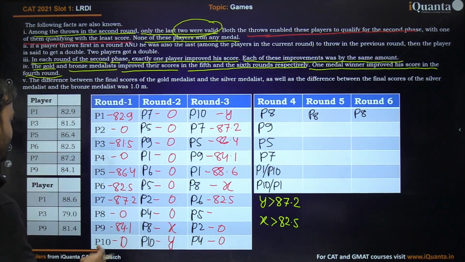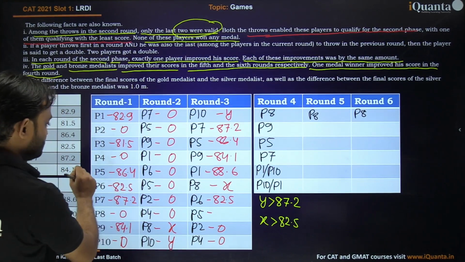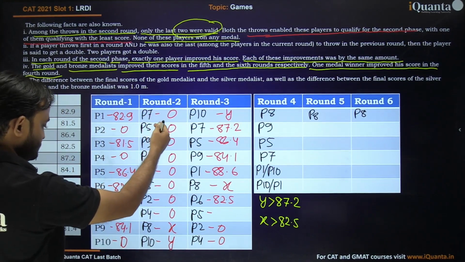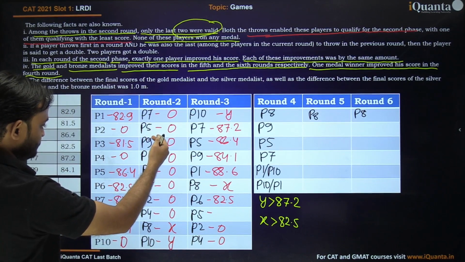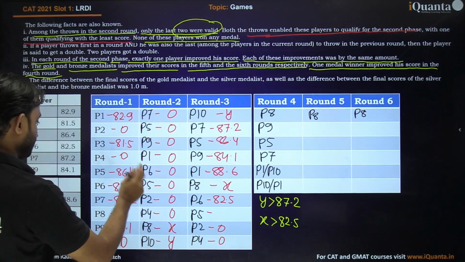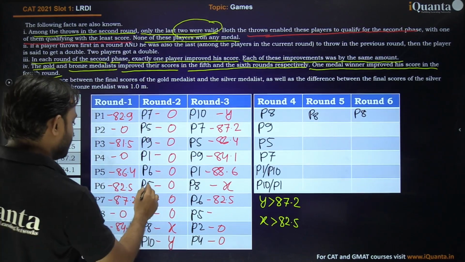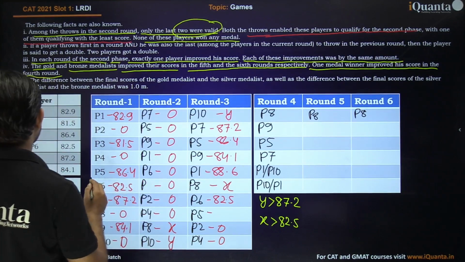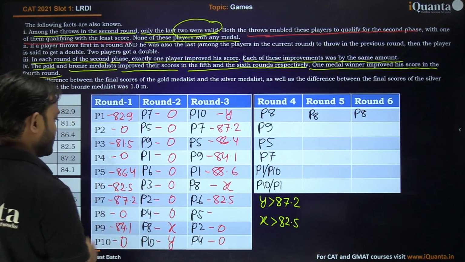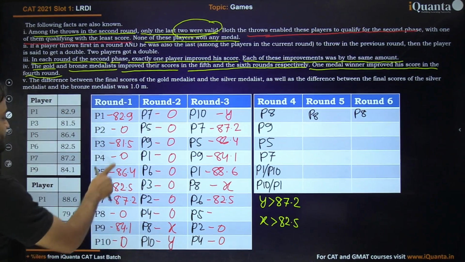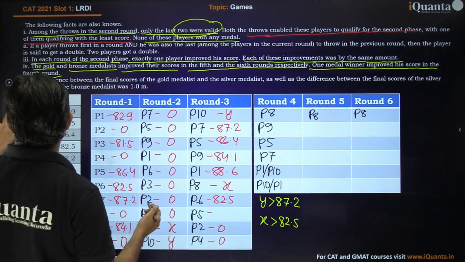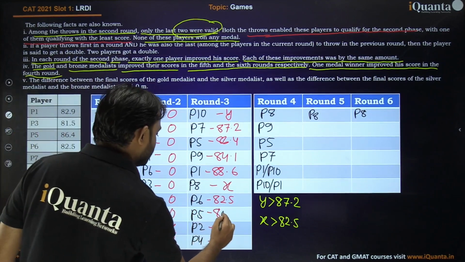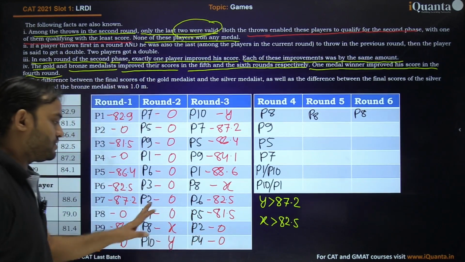It should have been the one which got the least, P3, right? I missed P3 here, so this should be P3. P3 scored 79. Previously it was 81.5, so we will put 81.5 here. Now it's all okay, I guess.